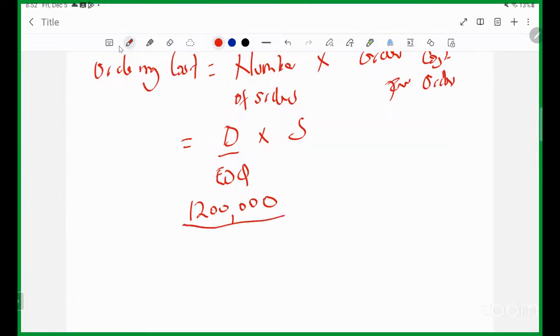What is our current EOQ? 100,000 is what they have been ordering. That was the policy. Because remember, they are making the order every month. That's what they were ordering.